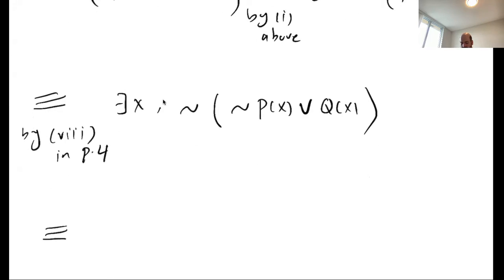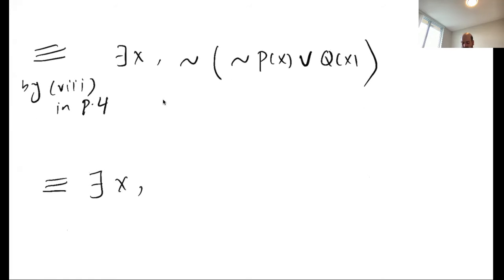And then this is equivalent with there exists x with, now negation of, let's say R disjunction S. What is it?